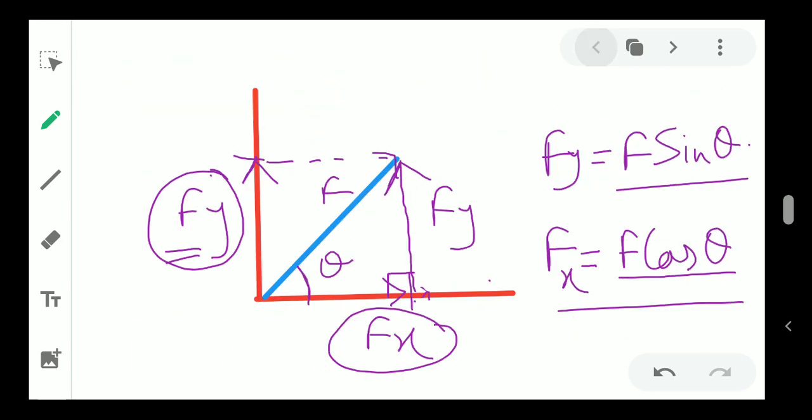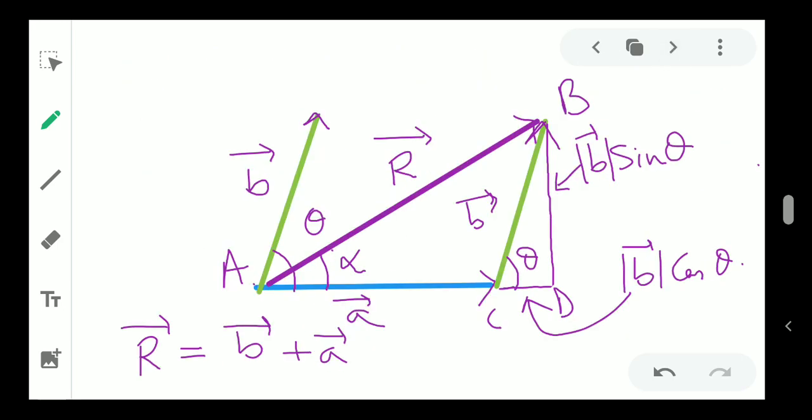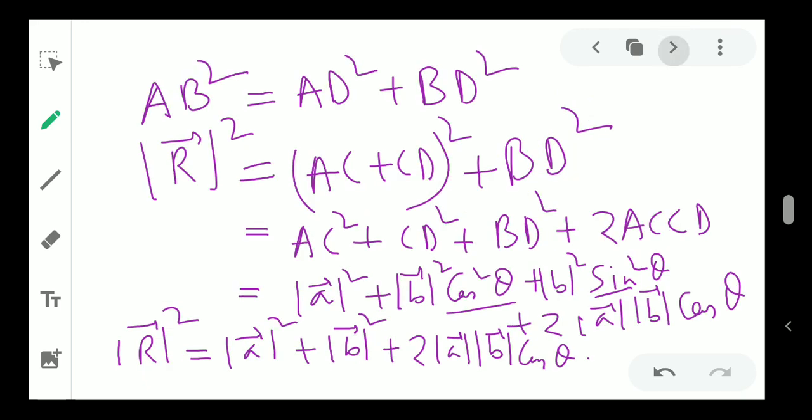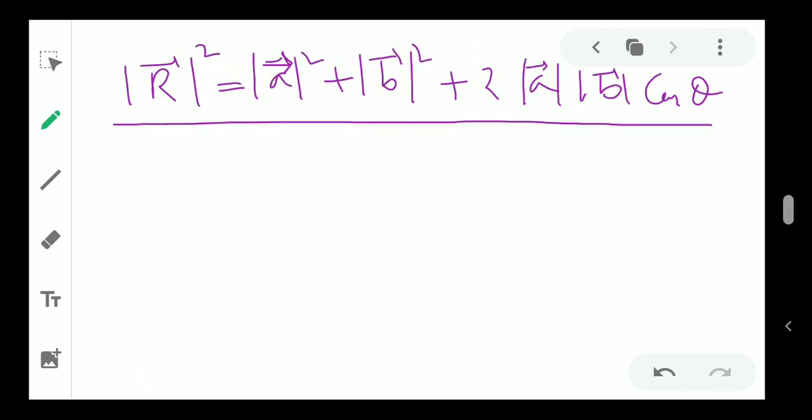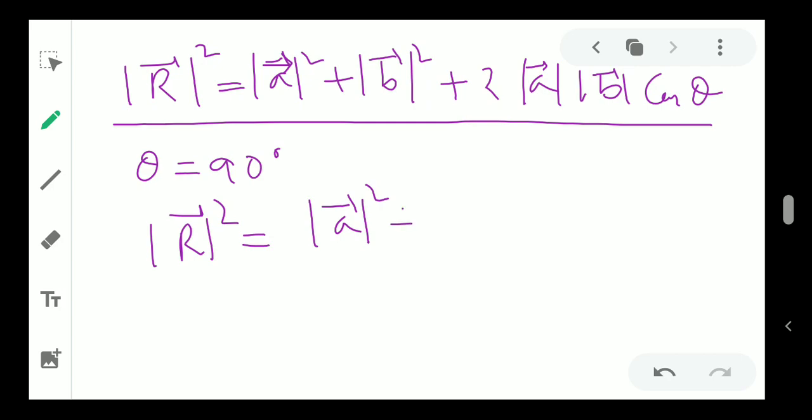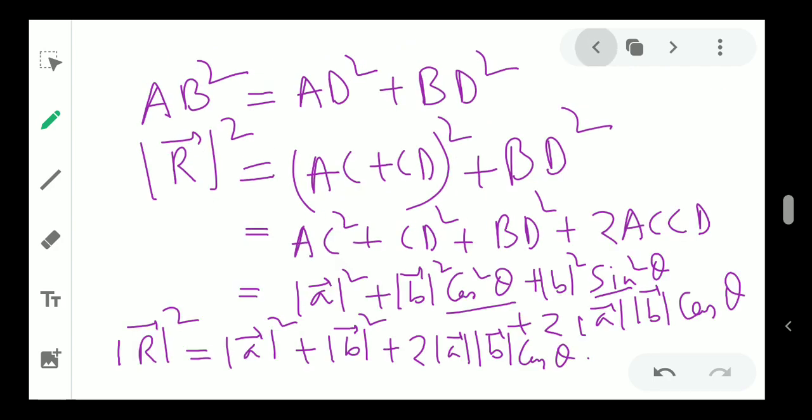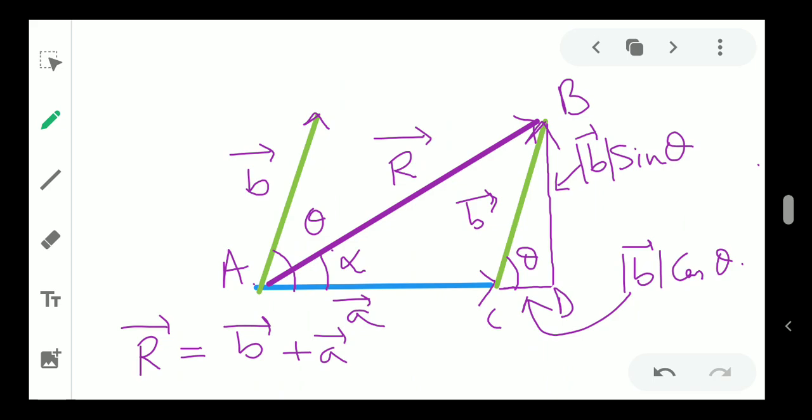Now you can see one thing: if this theta angle is 90 degree, cos 90 will be 0. In that case I will get R square is equal to A square plus B square, and that term is 0, right? This will happen in case theta is 90 degree.